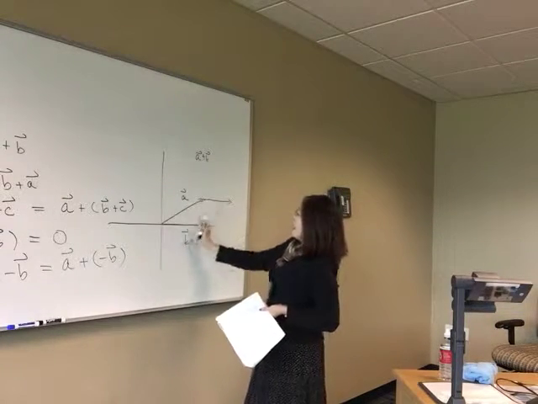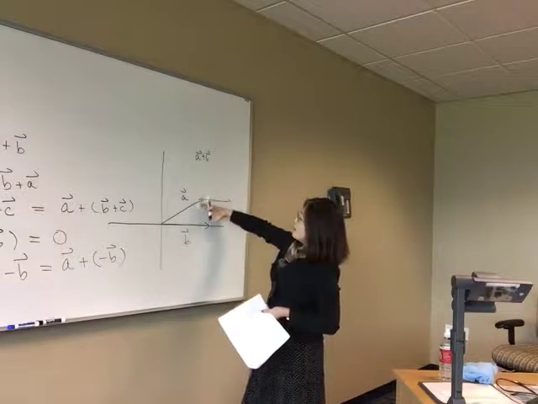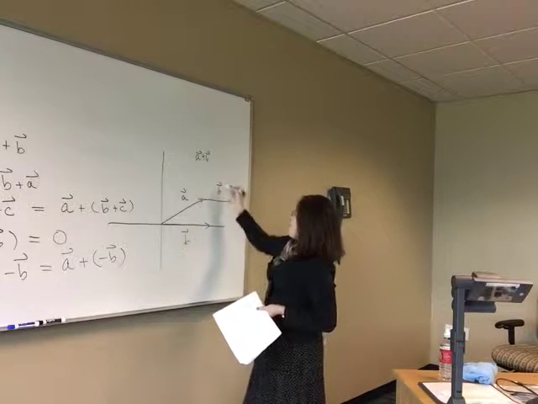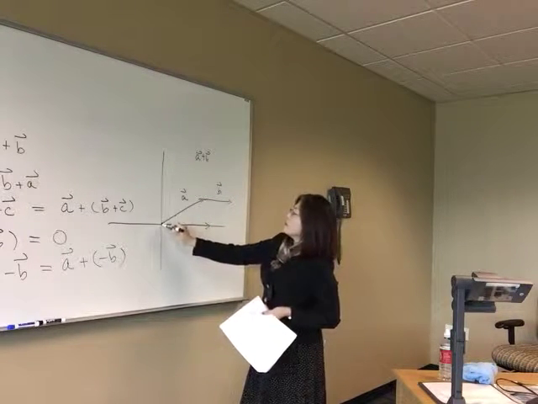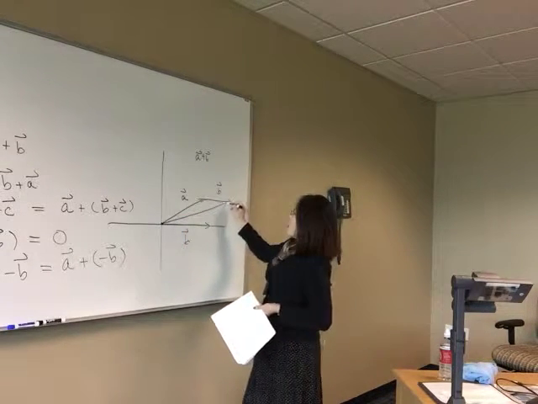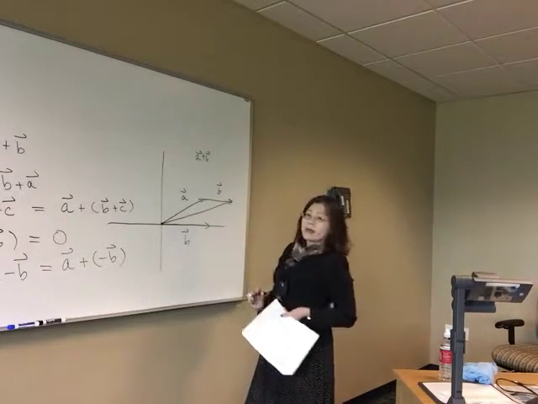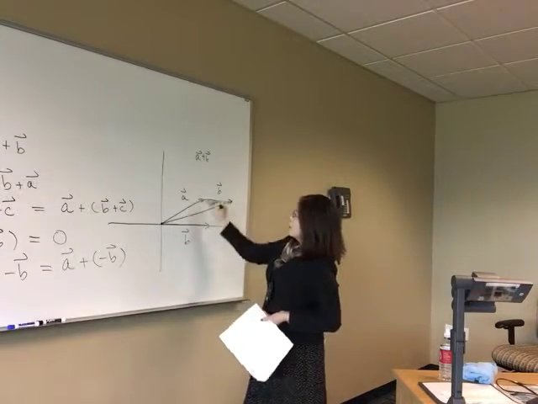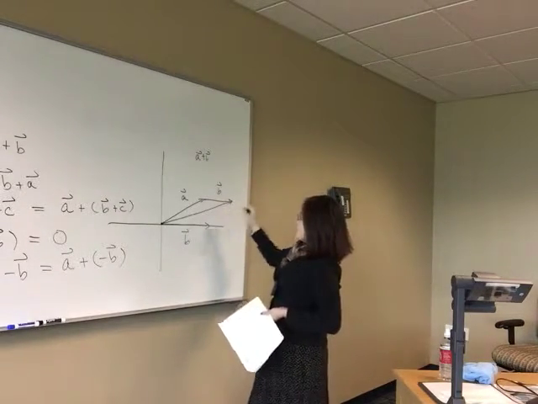So this is your A, and this is your B. You just move this across, and then draw from the tail of A pointing to the head of B. Okay, so this is how you do a vector sum.